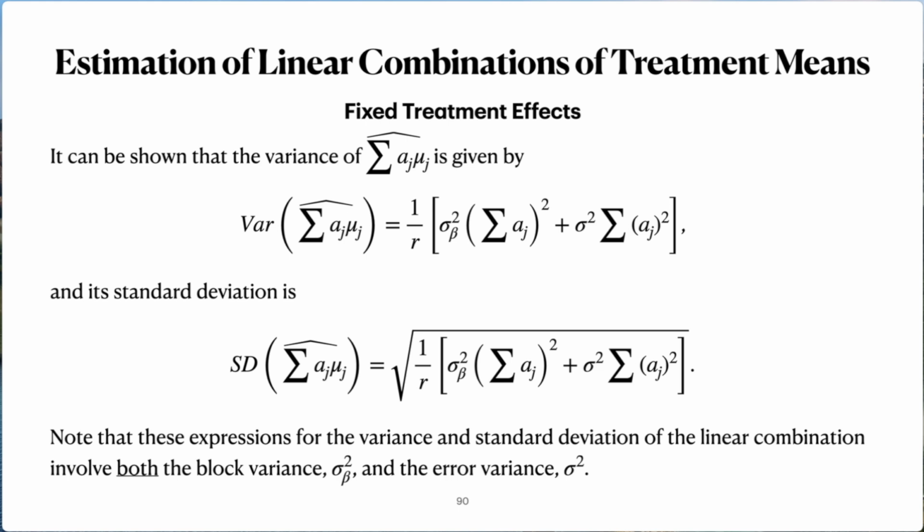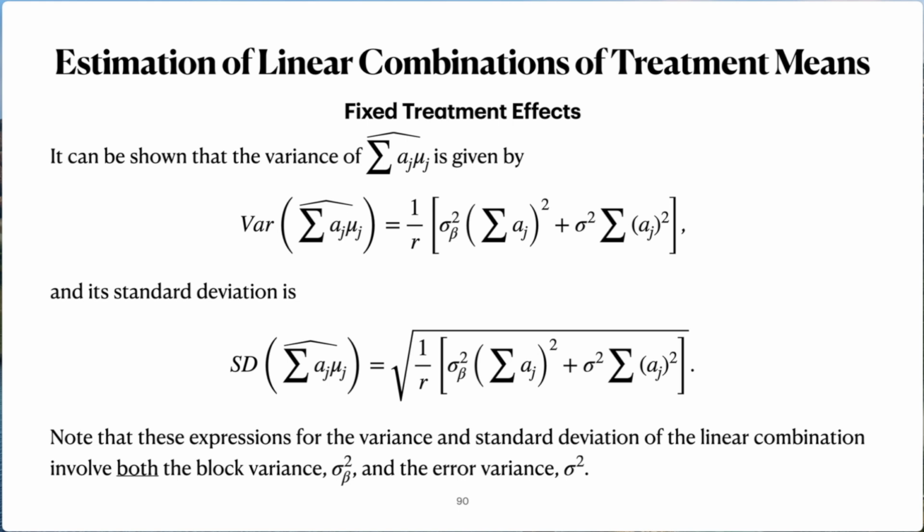Certainly, if it turns out that the linear combination is a contrast, you can tell by these expressions that this would reduce to something that involves only sigma squared, because in that case the sum of the a sub j's would be 0, this whole term would cancel out, and we'd be back in the simpler framework.